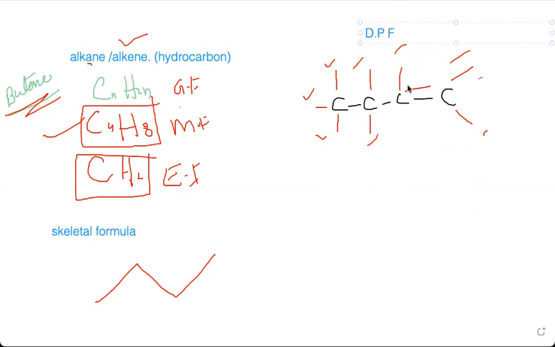Okay, and now we have to make a structural formula. What is a structural formula? For a structural formula, definitely you have to trace all the bonding, but now you can see there is a double bond also, and definitely you have to show the double bond also. So see what you are going to do. CH3. Okay. Then there is CH2.